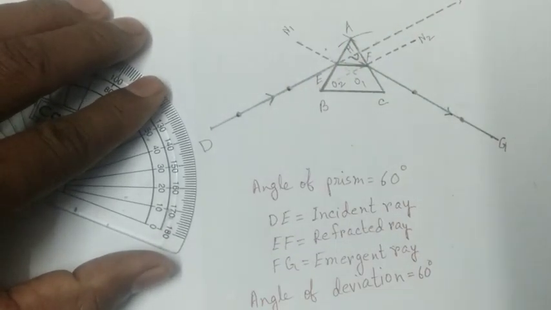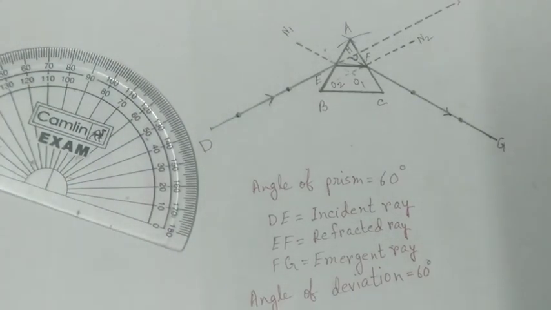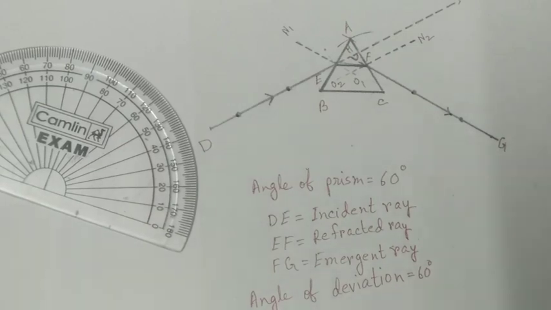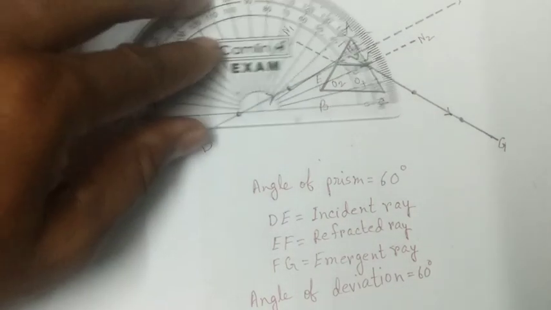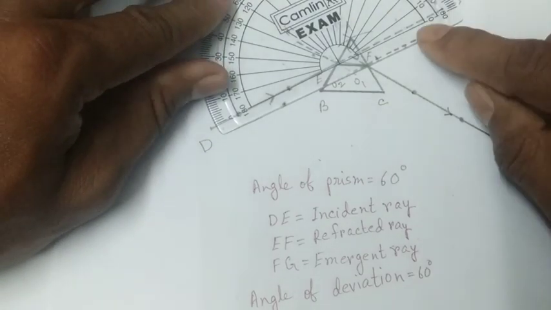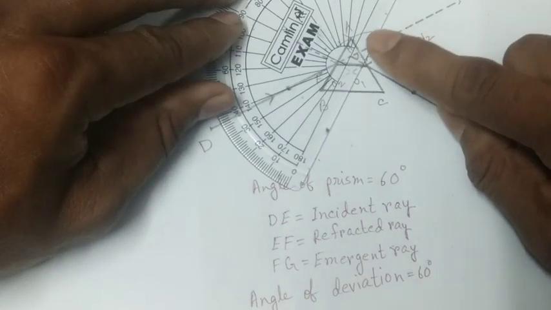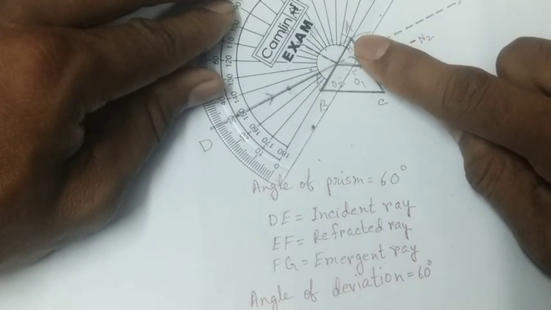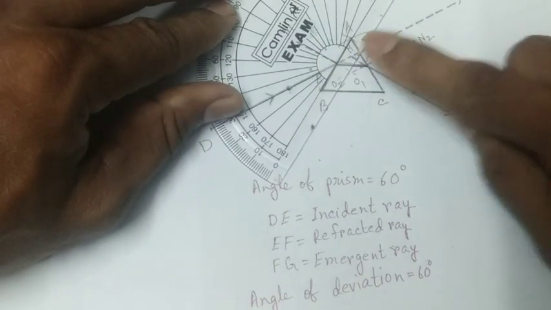Right? And angle of incident ray. What is the angle of incident ray? Let us measure the angle of incident ray. The angle of incident ray is also 60 degree.